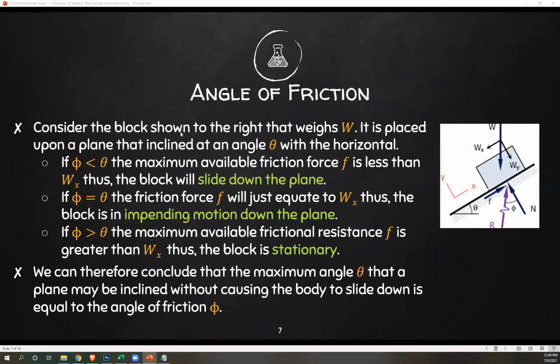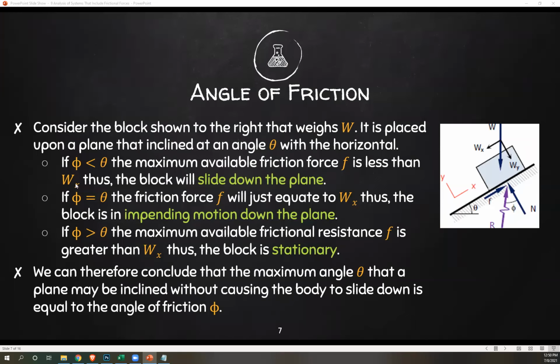So let's consider the block shown to the right that weighs W. It is placed upon a plane that is inclined at an angle theta with the horizontal. So you have this plane, this is your theta, and again, phi is the angle between your normal and your resultant. You already know how to solve for phi. So if phi is less than theta, the maximum available friction force F is less than W sub x. Thus, the block will slide down the plane.